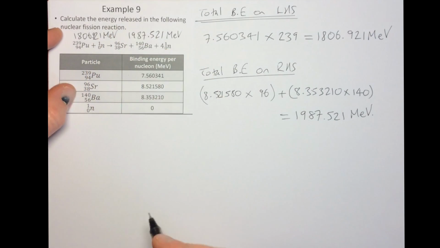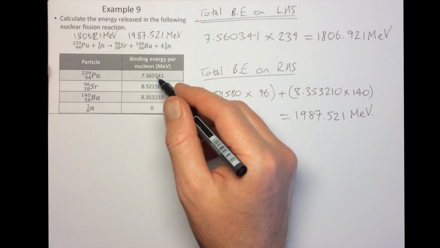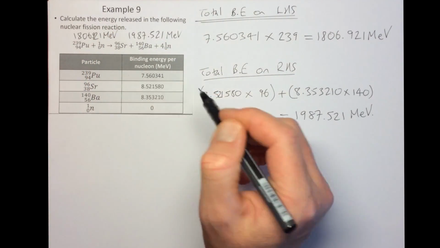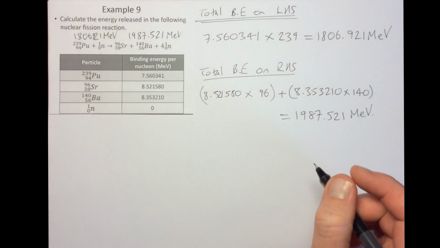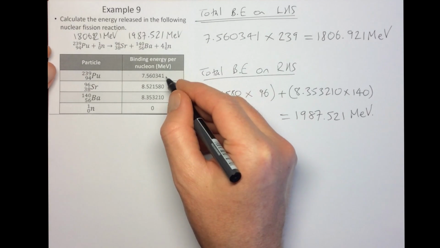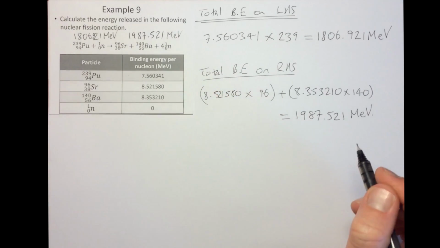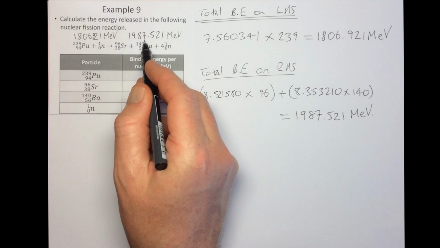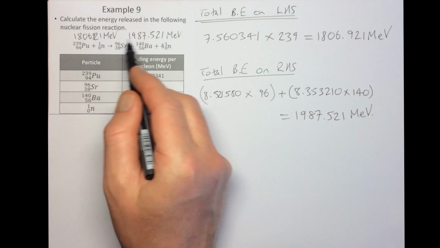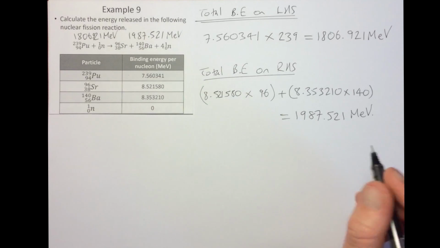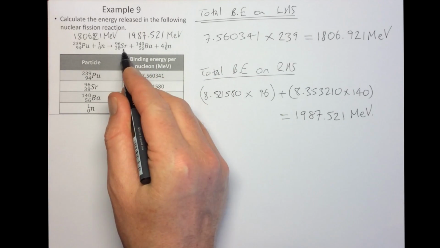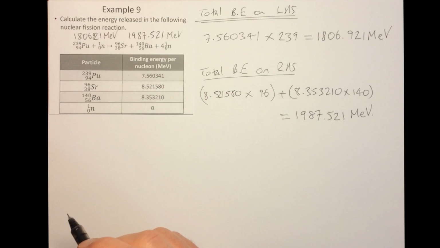Okay, so you could already predict this because you can see that the binding energy per nucleon of plutonium is less than the binding energy per nucleon of each of the products. So what that tells you is, let's just think about the total binding energy. Because the total binding energy has gone up, that means that these nuclei must have given out energy, and therefore they are more stable.